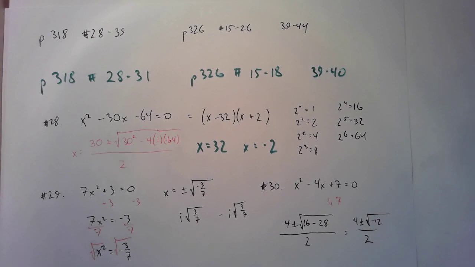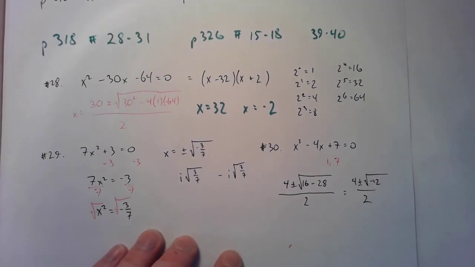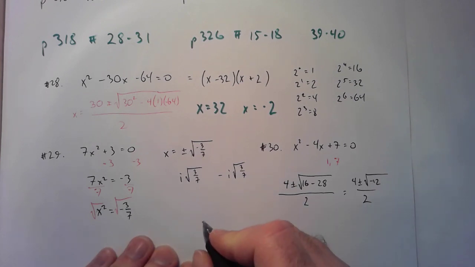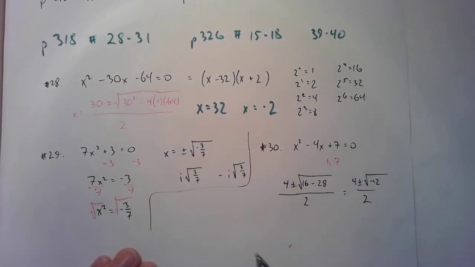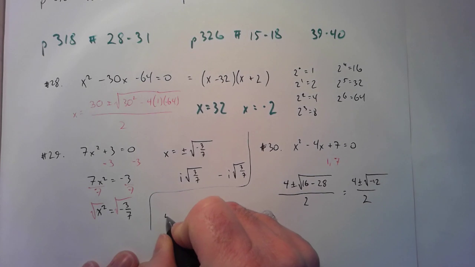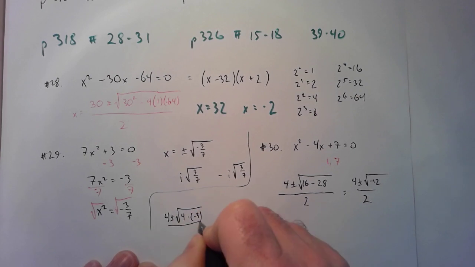This is simplifiable. So let me show you how. Negative 12 is equal to 4 times negative 3. So I'm going to write this over here just because I need to make good use of space. 4 plus or minus the square root of 4 times negative 3.